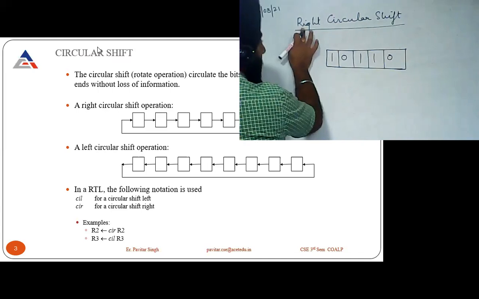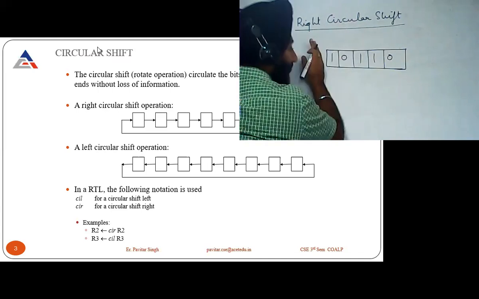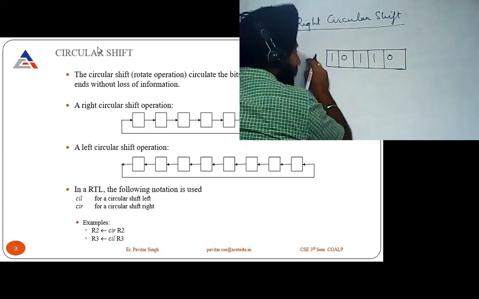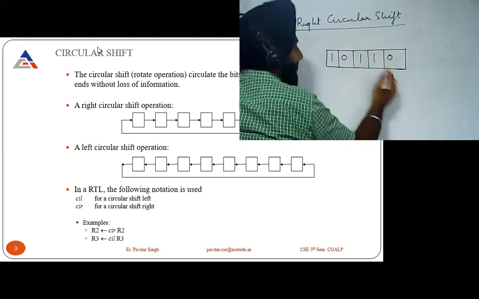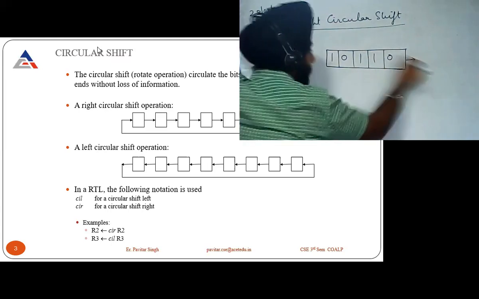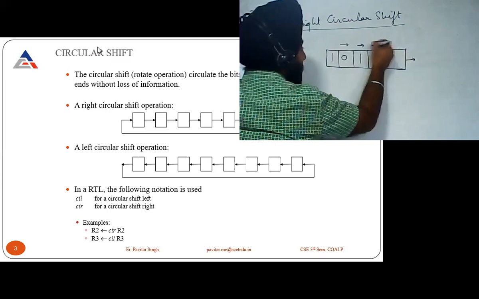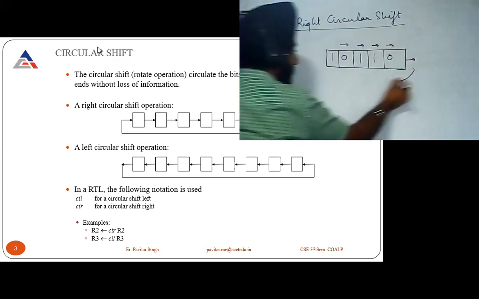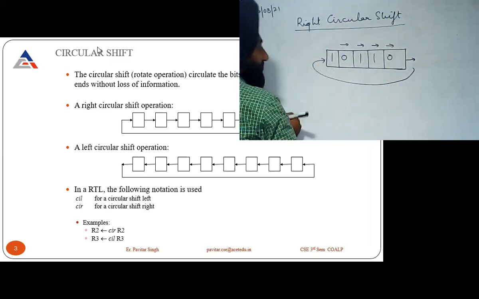So this is your right circular shift. It means all the bits will be shifted circularly to the right hand side, to this side, this side, this side, and so on, and the last value becomes the first value.